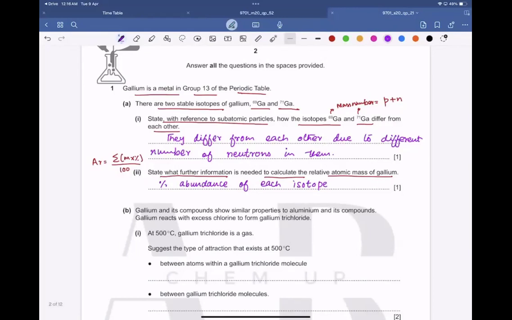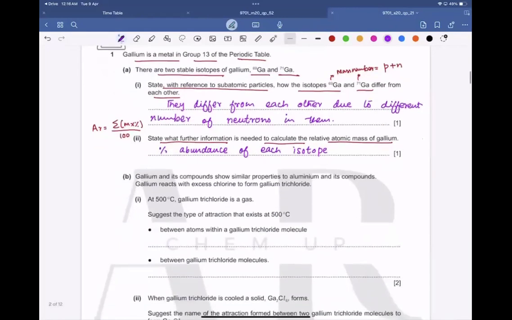Gallium and its compounds show similar properties to aluminium and its compounds. One minute.